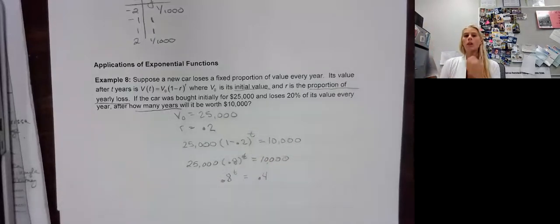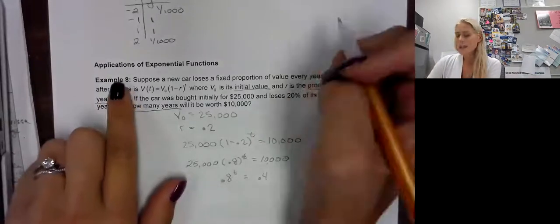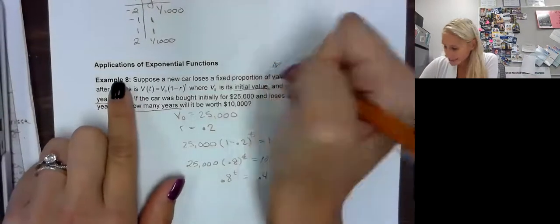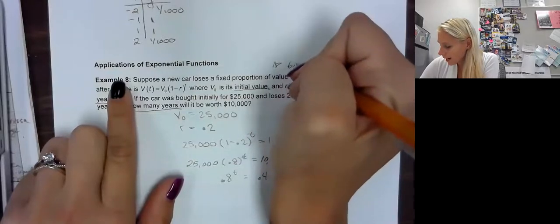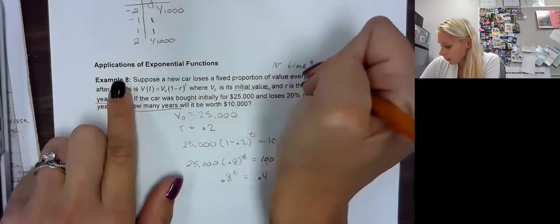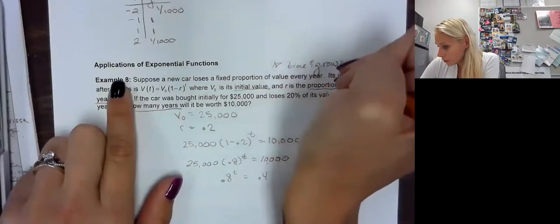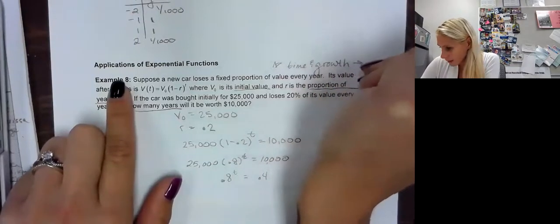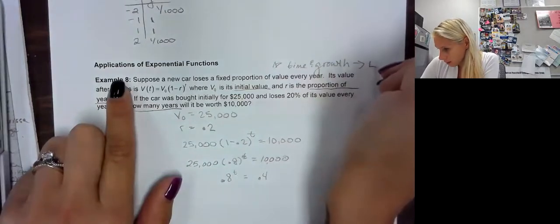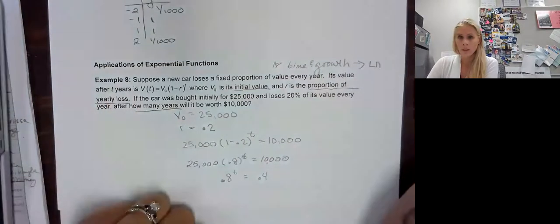Now, from here, we have to get rid of the 0.4. Okay, I know you might think, oh, let me do some nice tricky stuff with common bases. Don't do it. One of the things I want you to remember is any time that you are working with time and growth, you're going to use the natural log, okay, ln.